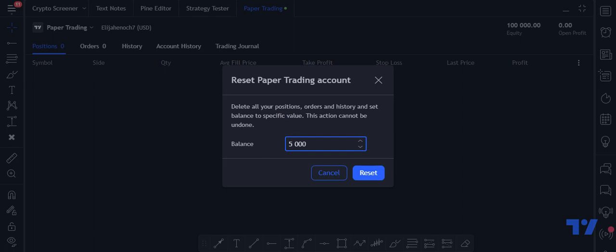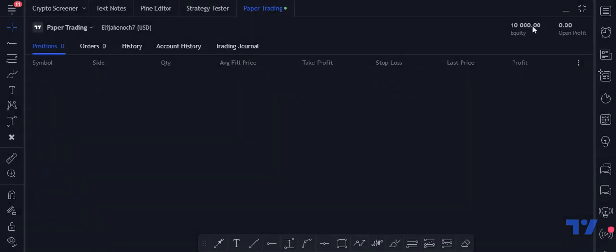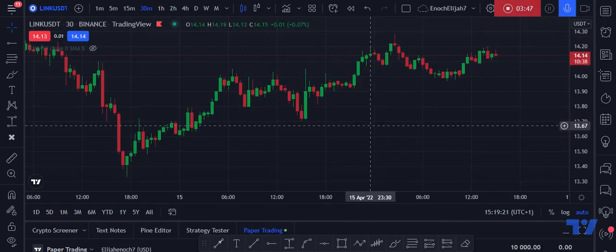Your choice, but at least 10K is still okay. This 10K is a little bit closer to the amount you're going to have as a trader in your account. So click on Reset. Now it is done. That's it. Now we have computer money to practice with.